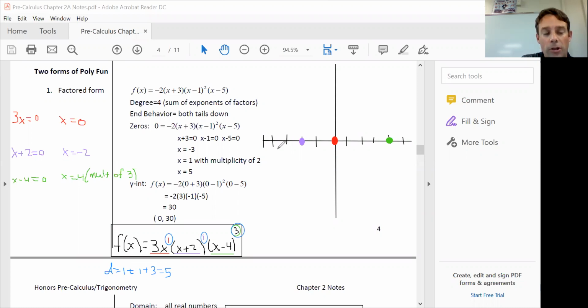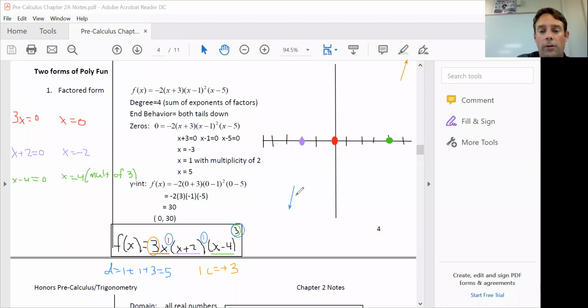So if that's my degree, I need my leading coefficient, because I need to know if it's a positive number. My leading coefficient is a +3, so it is a positive number. That tells me that I'm going to finish going up. And the degree, since it's an odd number, is going to be doing the opposite. So it's going to start down.